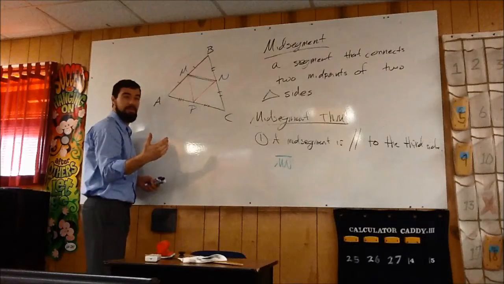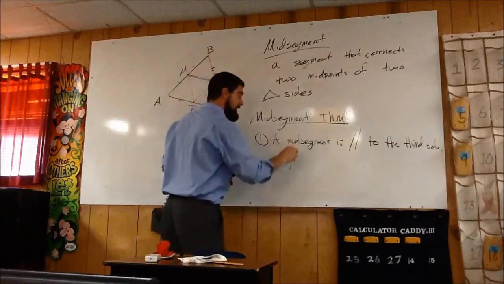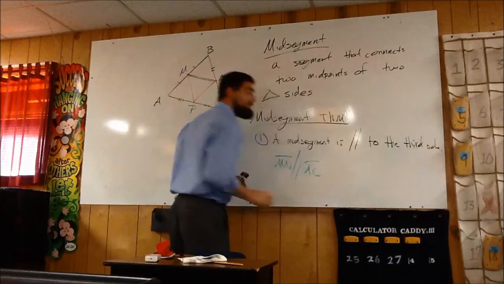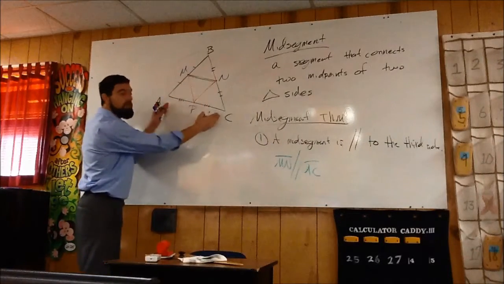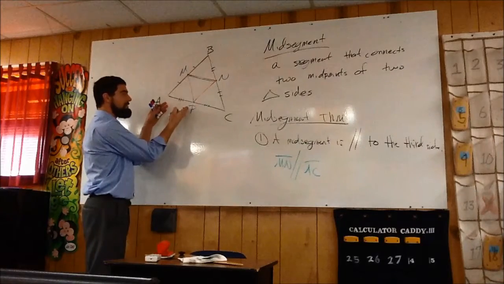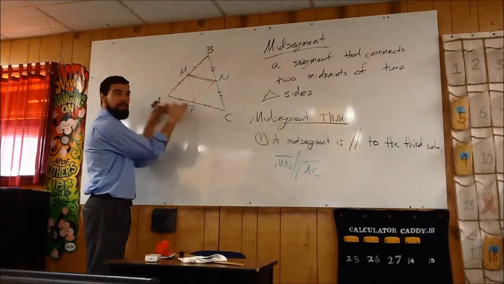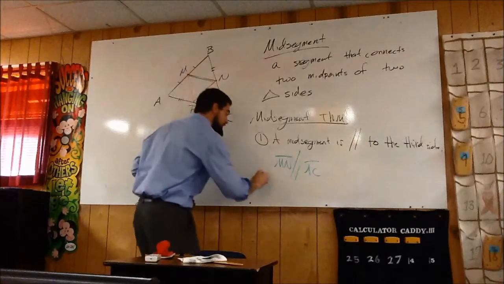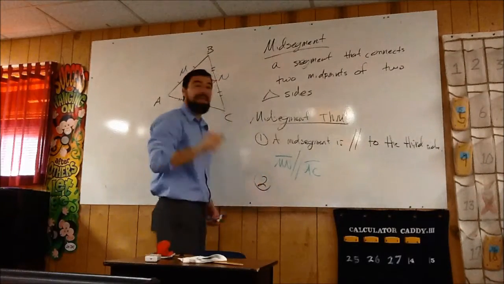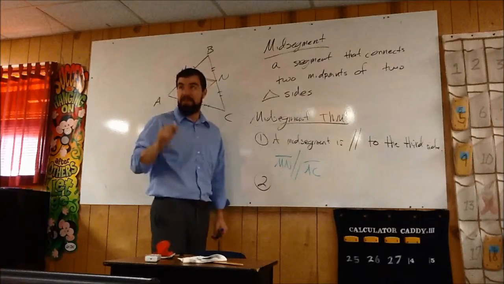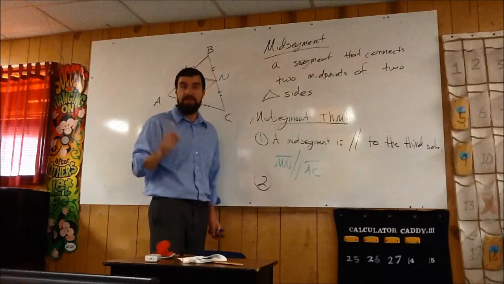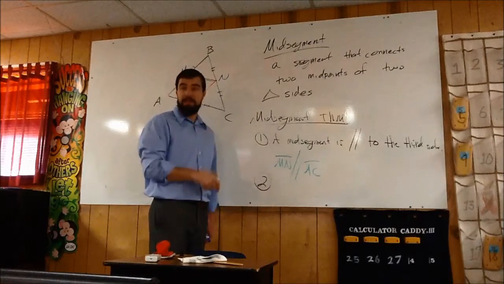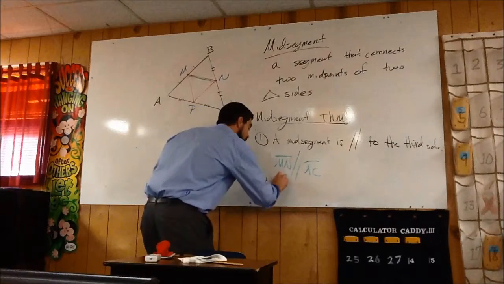So the midsegment is parallel to that third side, called AC. But if it's parallel to this whole side, then it's also going to be parallel to the parts. And the second thing that this theorem tells us is that the midsegment is half the length of that third side. It's half the length of the side that it's parallel to.